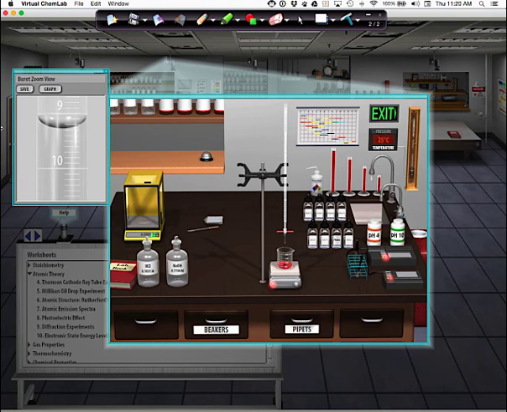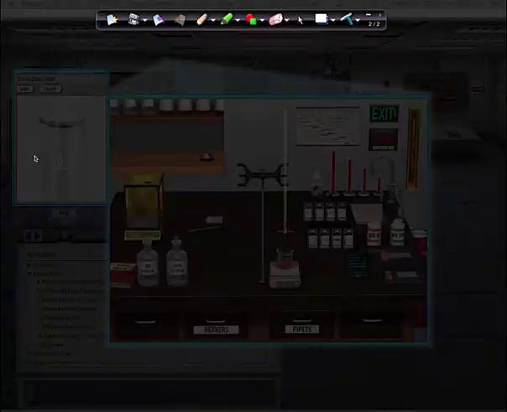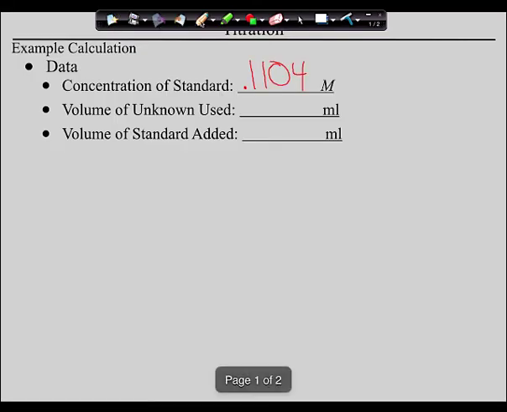Yeah, so 0.5 is there. 0.7? Yeah. So what about 9.27 milliliters? So guys, where does that go? That goes right here. Our volume of the standard is 9.27 milliliters.